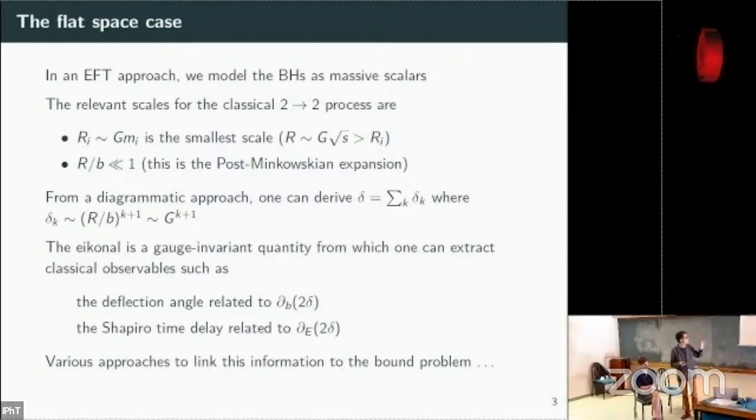This expansion is usually called post-Minkowskian. If you are interested in the bound problem, then you want to take this parameter r over b of the same order as the velocity, because it's bound. The kinetic energy is the same order as the potential energy. And so you also want to do a small velocity limit, which usually goes under the name of post-Newtonian.